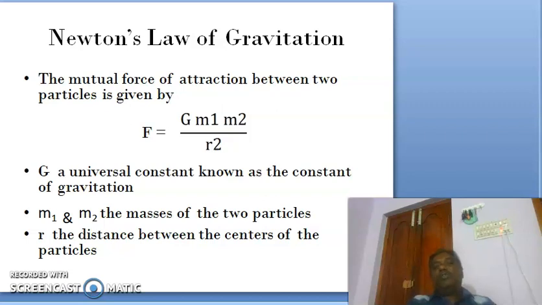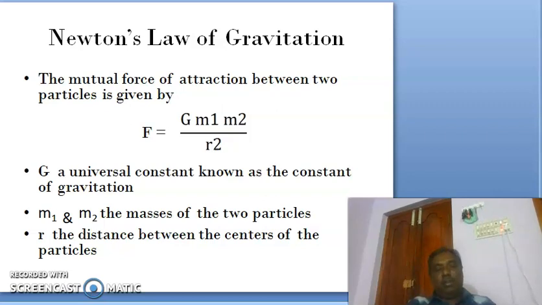When two masses are there, the mutual force of attraction between those two masses or those two particles is given by the force F = G m1 m2 / r², where m1 and m2 are the masses of the two particles, r is the distance between the centers of the particles, and G is a universal constant known as the constant of gravitation.